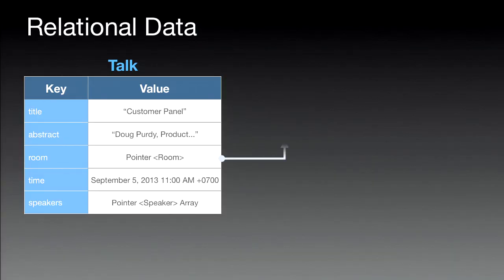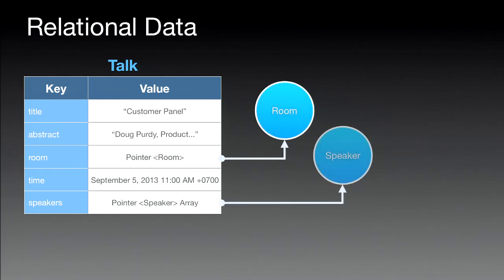So we can just go ahead and create a new room object. And when we create our talk, instead of a string, track 1, we just give it a pointer to that room. That works. We do the same for the speaker. That way we can get their profile picture, their name, their bio, and so on.